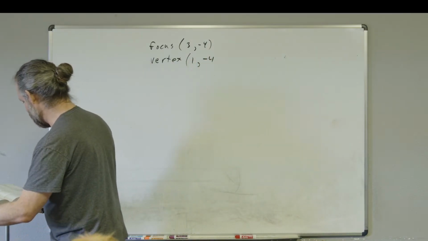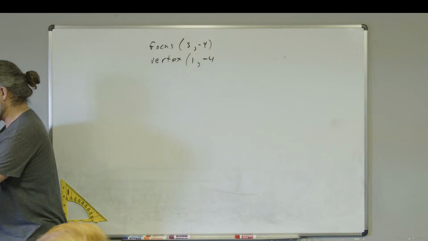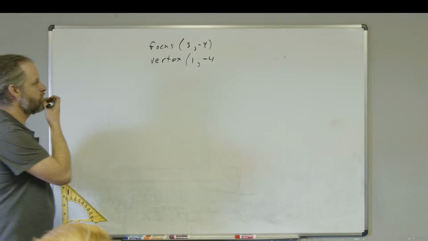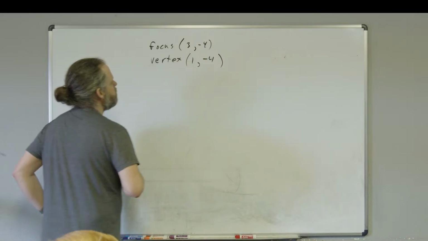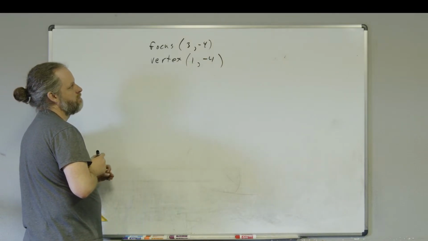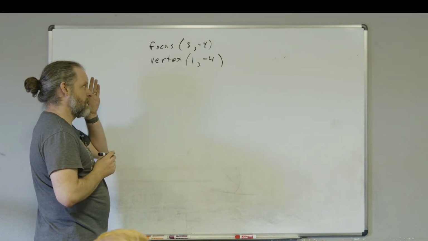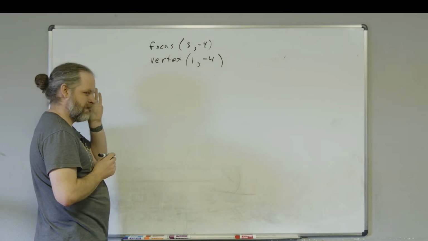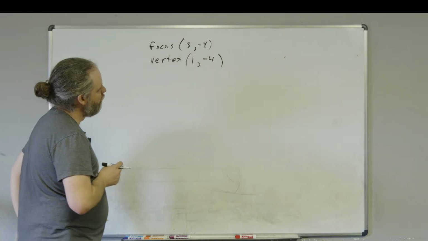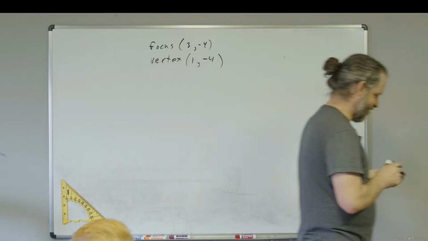So how would we do that? Okay, so we know focus is H and then K plus P, and then vertex is H. Which direction is this parabola going to open?